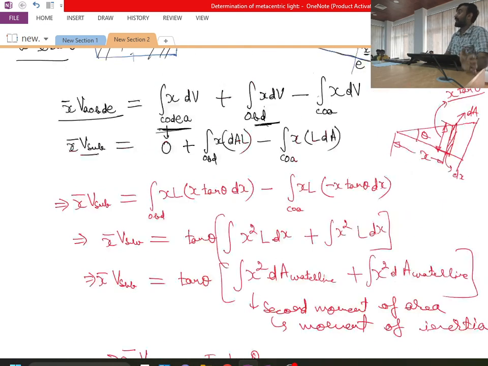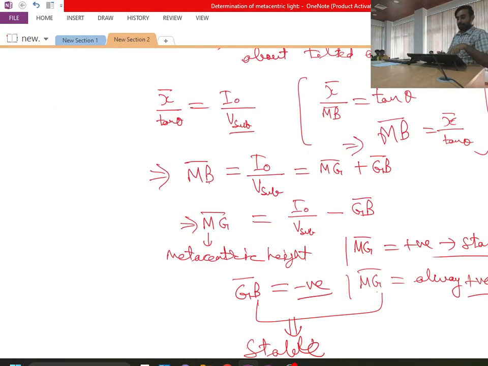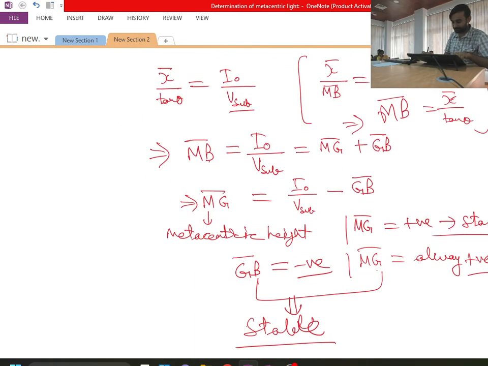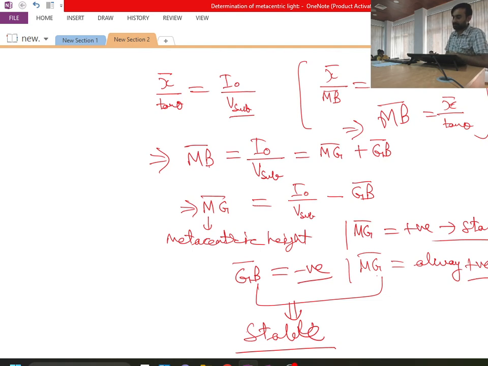So it means by just knowing the previous center of buoyancy, by just knowing the symmetric situation waterline moment of area, fine, and this distance between center of gravity and original center of buoyancy, I can determine the value of MG. Is this point clear?